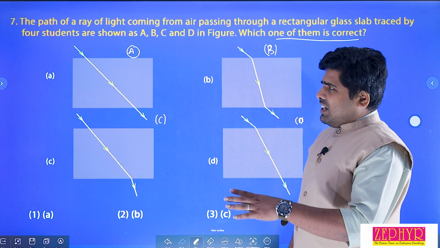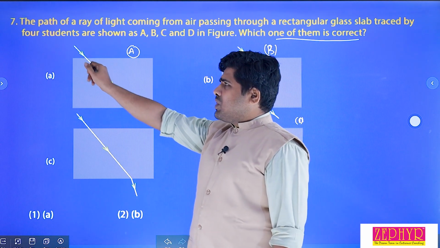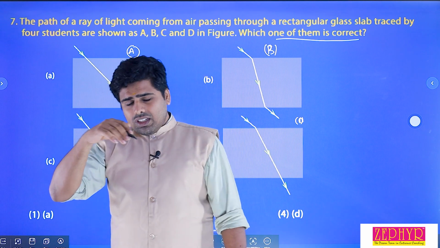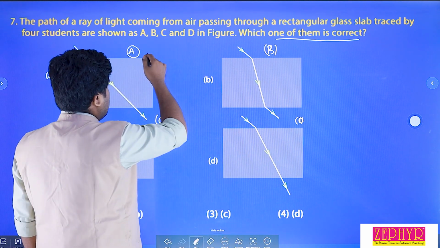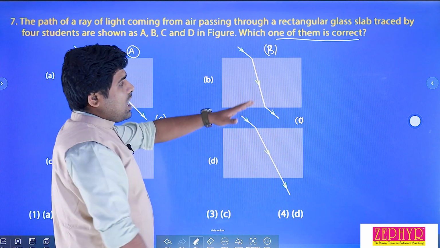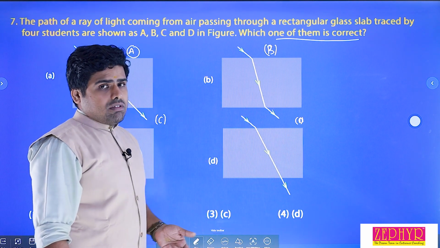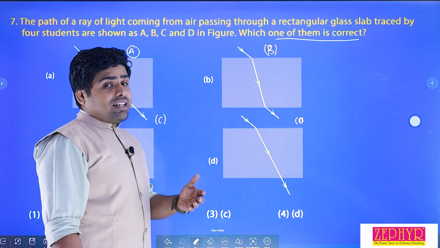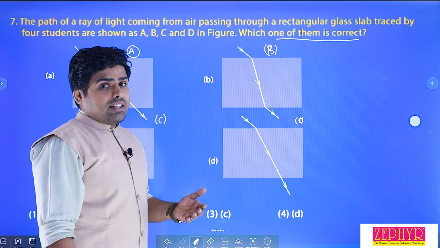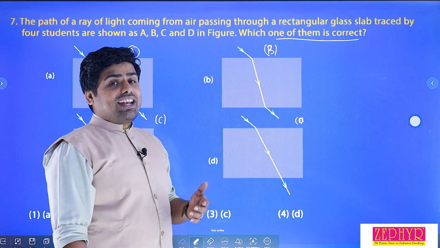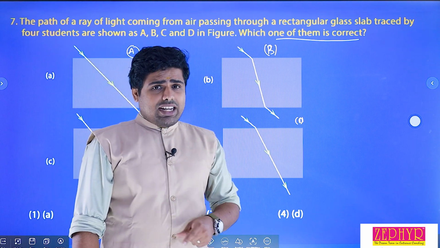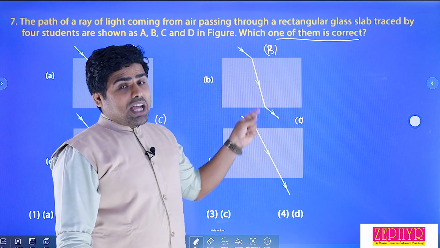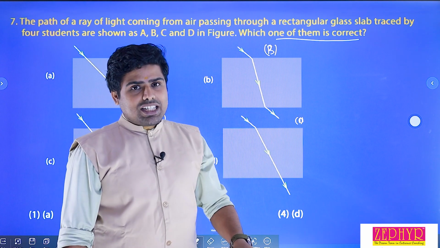See, here the light is entering from a rarer medium to a denser medium, right? Why? Because the outer side of this glass prism is air. When we compare the densities of air and glass, glass is denser than air, right? So air is the rarer medium and glass is the denser medium. Now the light ray is coming from the rarer medium to the denser medium.